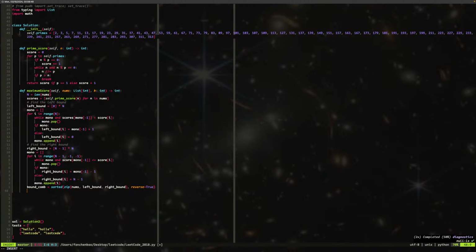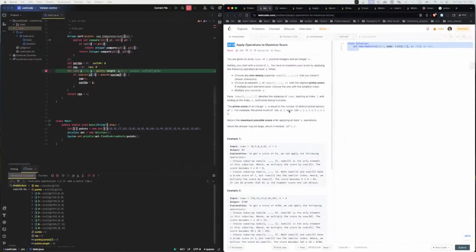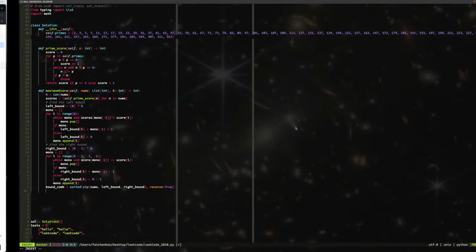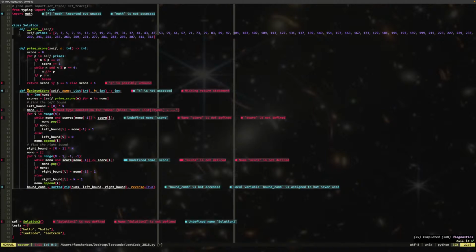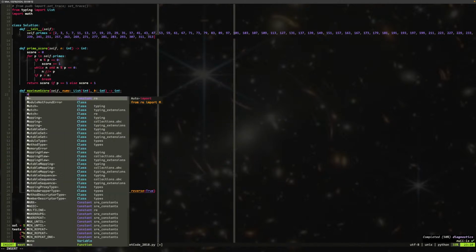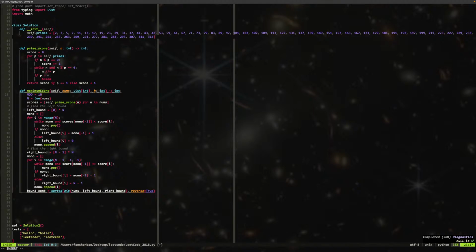Okay. So now after this, what we need to do is go from left to right on this bound combined, and see how much we can compute. We need to keep multiplying, right? All right, so what we need to do now is to get a mod. So mod is gonna be 10 to the 9th plus 7.